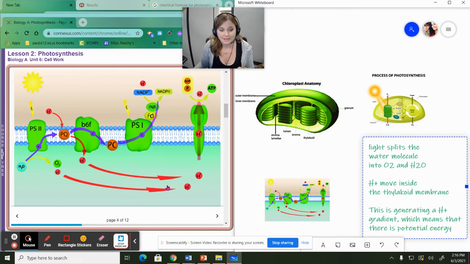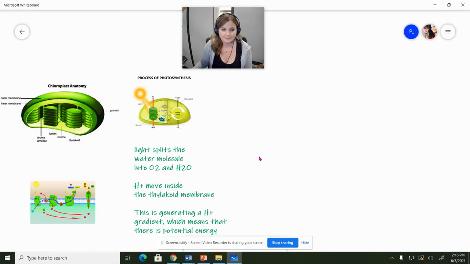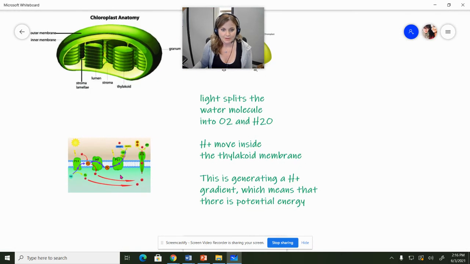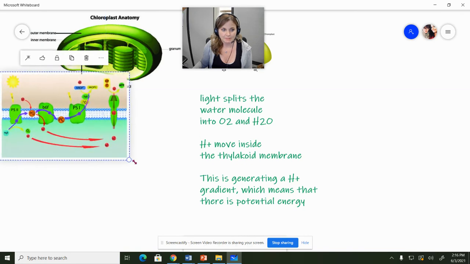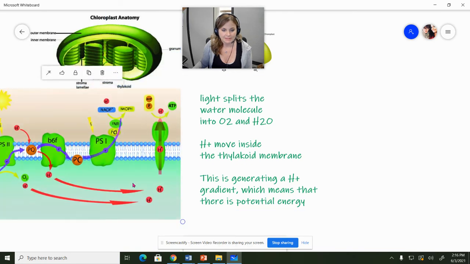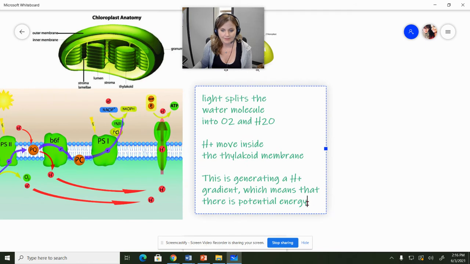So you get all these H plus ions in here, and they want to move out to equalize the concentration. I'm going to maximize this picture so I have more space, and make it bigger so we can see it a bit more.